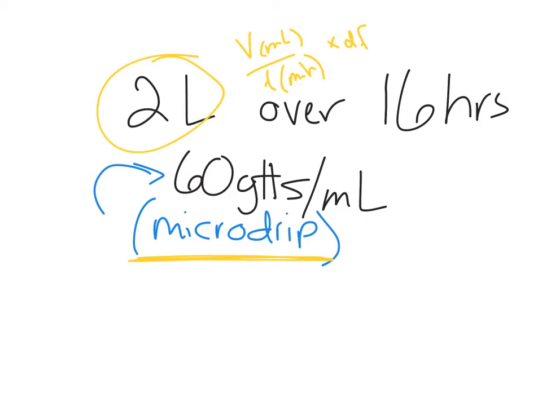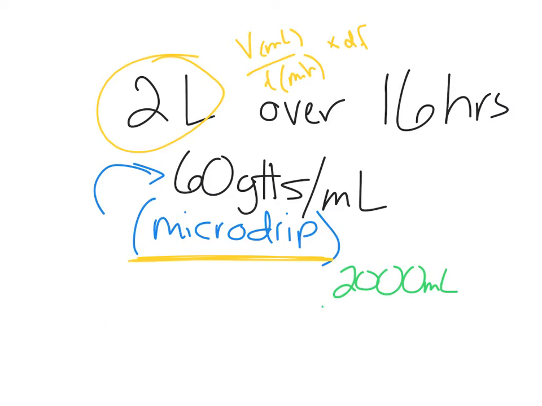Remember, using our metric chart or our stair-step method, that's either 3 places to the right or times 1,000 because we're going down a step. That would take that 2 liters and convert it to 2,000 milliliters. So I'm going to use 2,000 in my problem here. Again, 2 liters and 2,000 milliliters are the exact same thing, so I'm not changing anything, just looking at that in terms of milliliters instead.